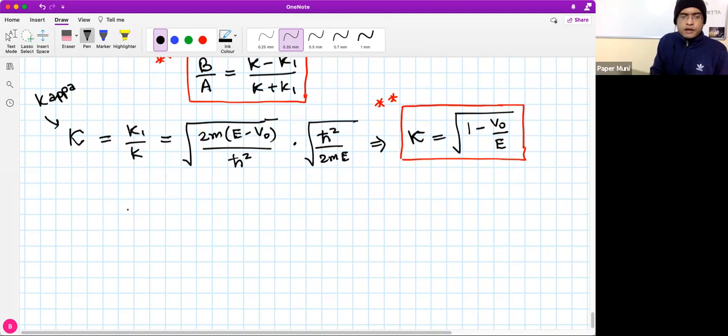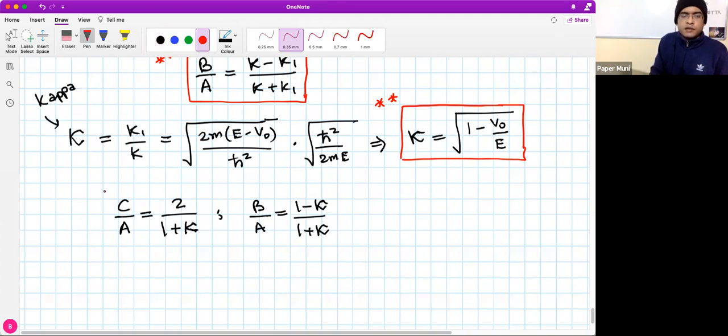So we can write this as c by a is equal to 2 by 1 plus kappa, not k, kappa. And the other one which we get is b by a equal to 1 minus kappa over 1 plus kappa. All right, so this is what we have.